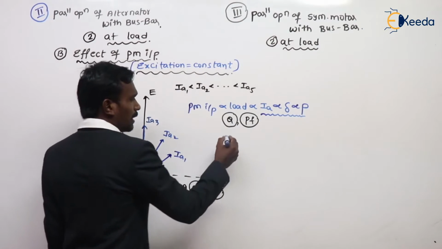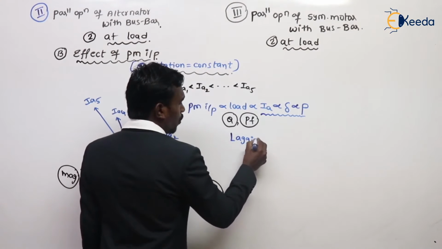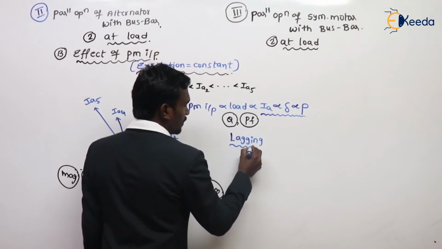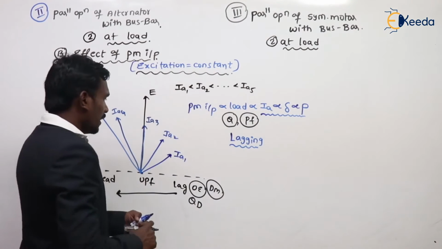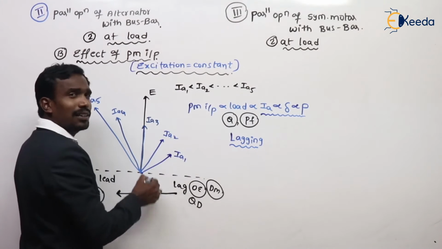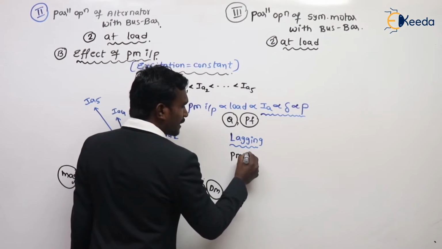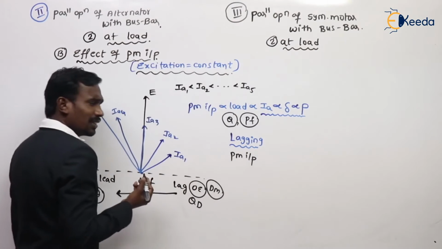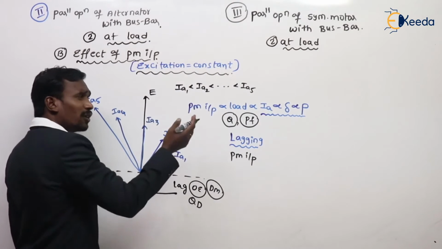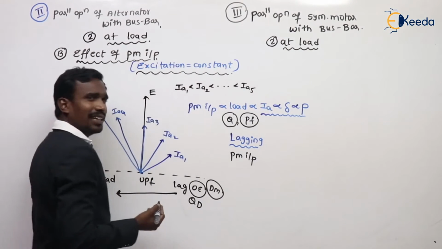So now tell me, for lagging load, what happened? Listen carefully. In lagging load, in this area, when the prime mover input increases, what happened? Of course IA increases. What happened to power factor?